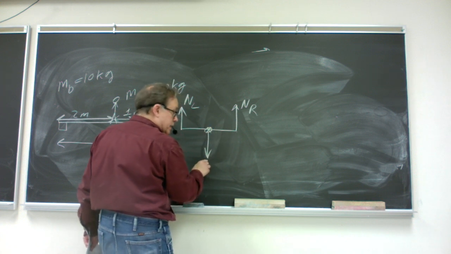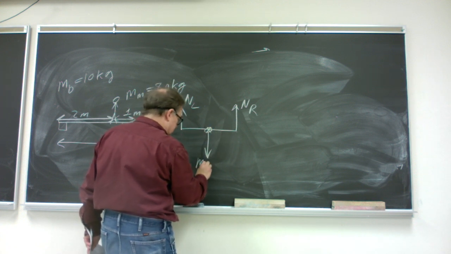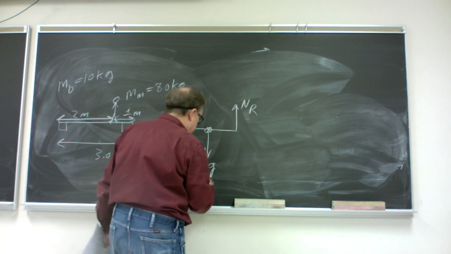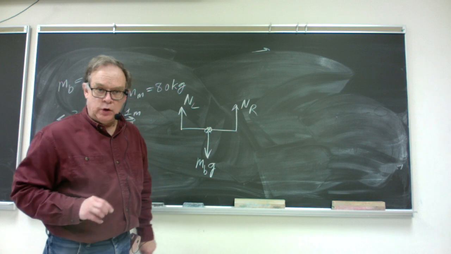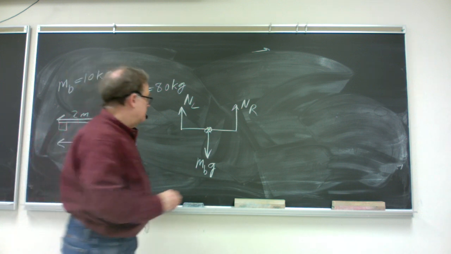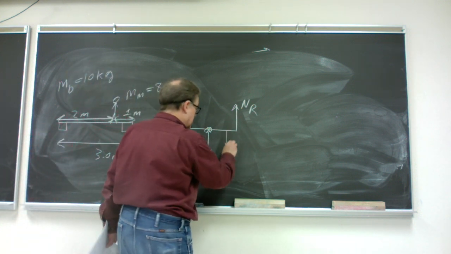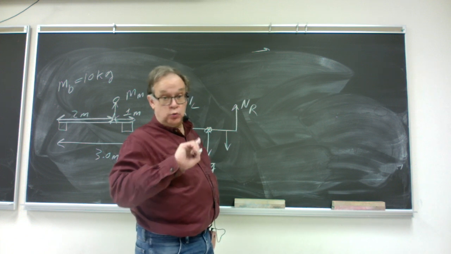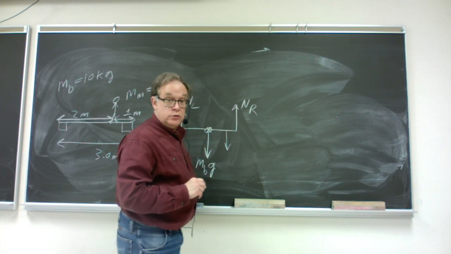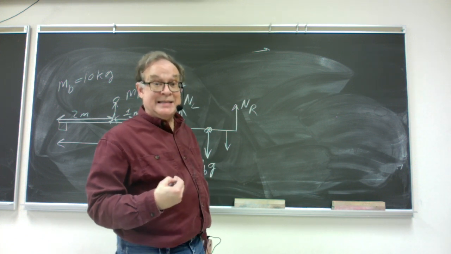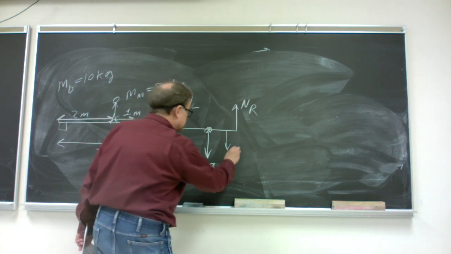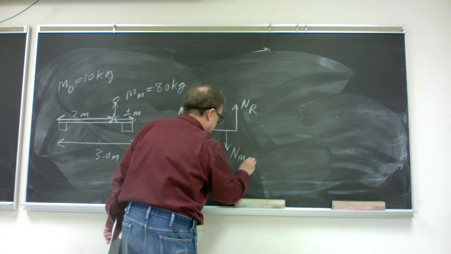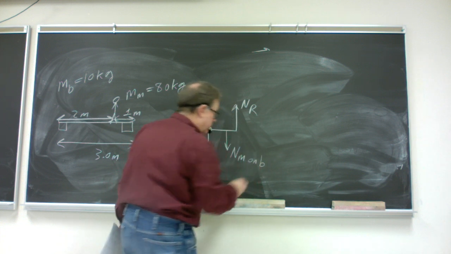So there's the weight of the board, which is just mass of the board times g. And then there's one more force from me pushing down on the board. That's a normal force. Don't call it weight. It's closely related to my weight, but it is not a weight force. It is a normal force, the normal force from me on the board.